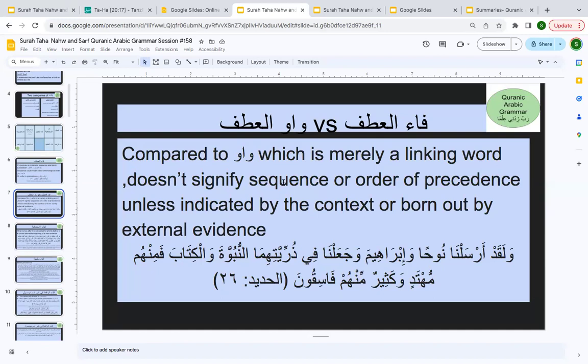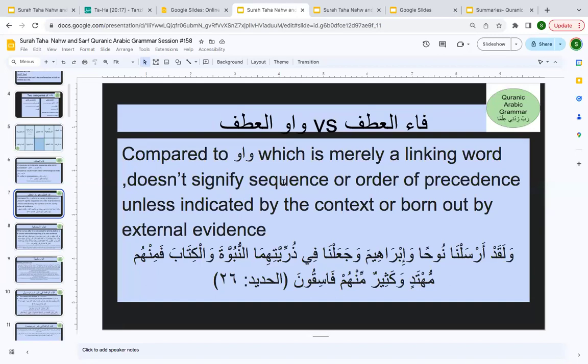So when I give you this verse from Surah Al-Hadid, وَلَقَدْ أَرْسَلْنَا نُوحًا وَإِبْرَاهِيمَ, and we sent Nuh and Ibrahim, what does it tell you? Does it give you any idea about who came first or who came second? By merely looking at the verse itself, it does not. And there is no such indication when waw is used as an atf.